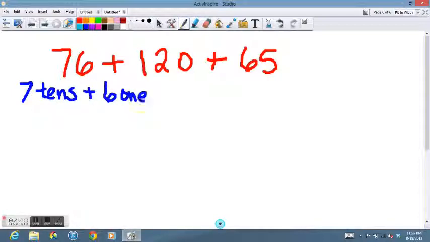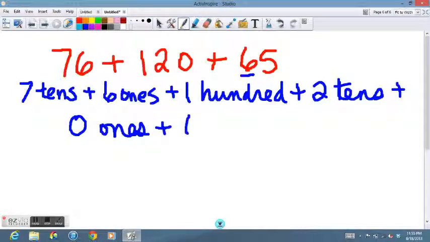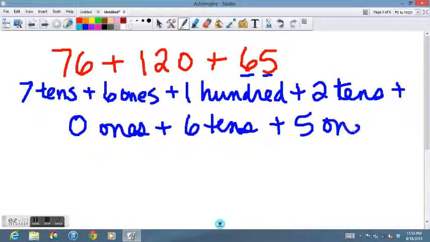And 6 ones. The 6 is 6 ones. And on the 120, that's 100. And the 2 is 2 tens. And the 0 is actually 0 ones. And then the 6 here is 6 tens. And the 5 is 5 ones.